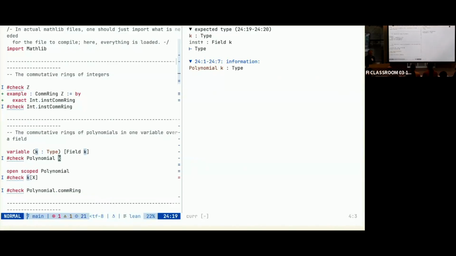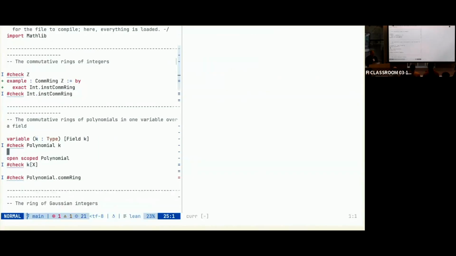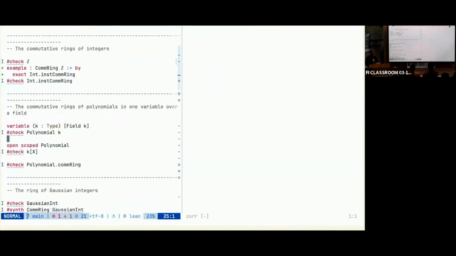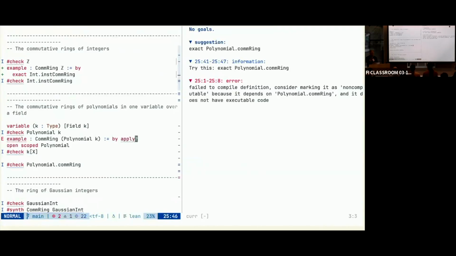And so now I can check that polynomials exist. So now I have polynomial K. And I could wish to know that polynomials are a commutative ring. And it gives me a polynomial comm ring. It showed me that it is also.